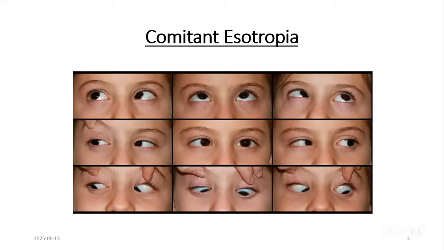Comitant means that the angle of deviation remains the same in all positions of gaze, and there is free ocular motility. Exactly. Those are the two criteria to say this is a comitant esotropia. The angle of deviation is equal in primary position, right gaze and left gaze. The second thing is full extraocular motility.